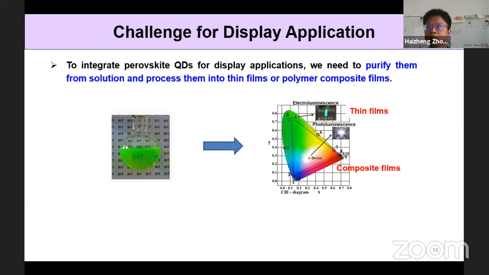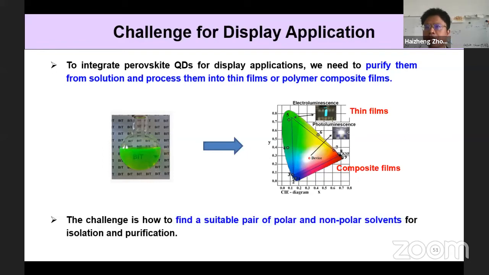For that, we need to purify them from solution and process them into thin films or polymer composite films. The challenge is how to find a suitable pair of polar and non-polar solvents for isolation and purification, because perovskites can be easily dissolved by polar solvents.